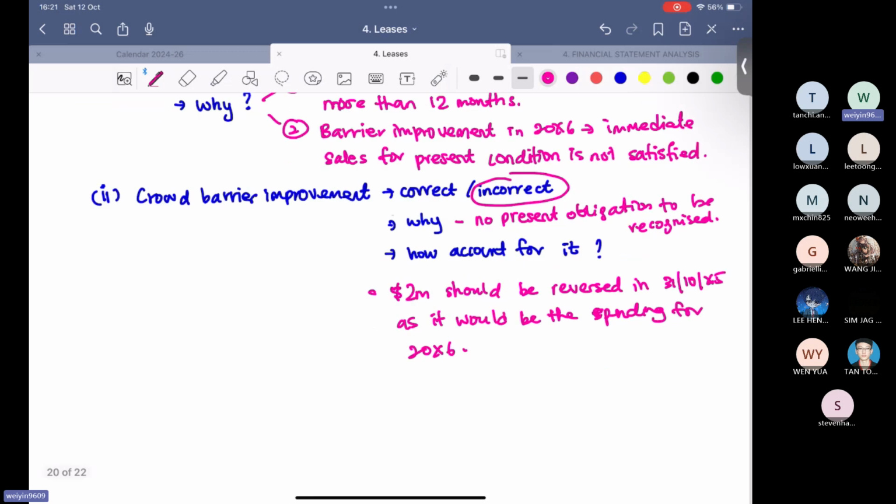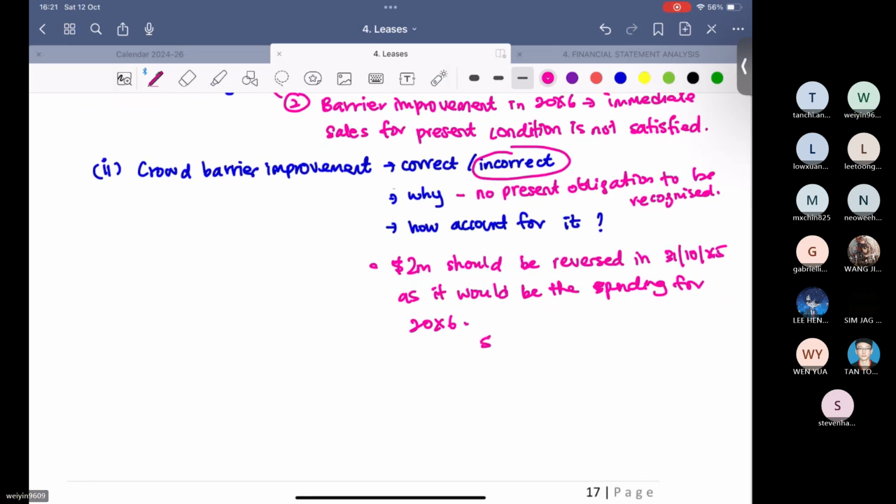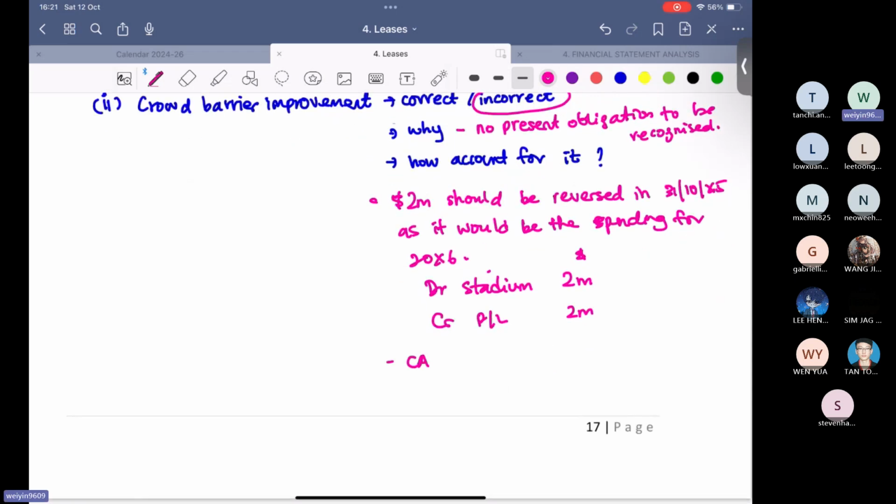So therefore, you need to reverse it. To reverse: debit stadium, 2 million, credit P&L, 2 million. And because of this one, the carrying amount of the stadium at 31st October X5 should be 18 million plus 2 million.